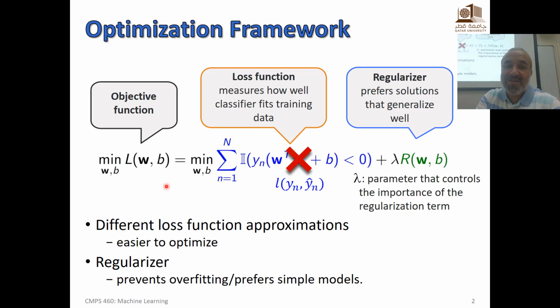It is to find the values of the weights and the bias that will make this whole function the minimum. So that's our target. Now we know that our target is to minimize this, but we don't know yet how. How can we get these good values of the parameters?